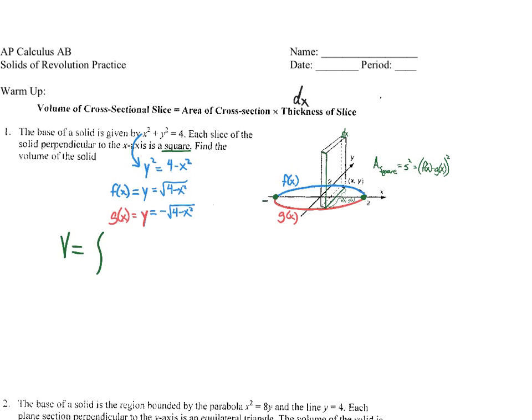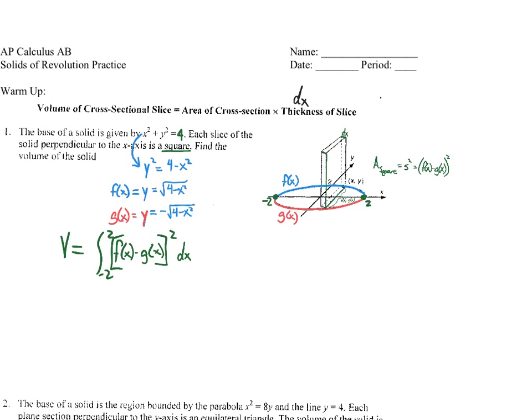So that's going to go from negative 2 to positive 2, because this equals 4, so the radius is 2. So we're going to take the integral from negative 2 to 2 of that square dx, the f of x minus g of x squared. So now we have to actually put in the f of x and the g of x. Are there any questions up to this point?